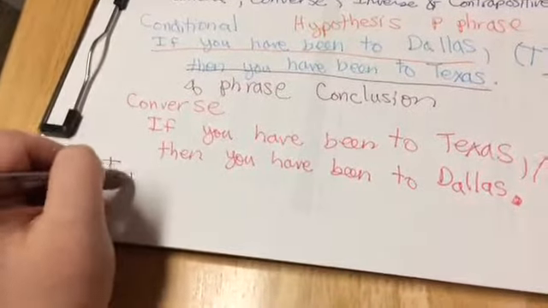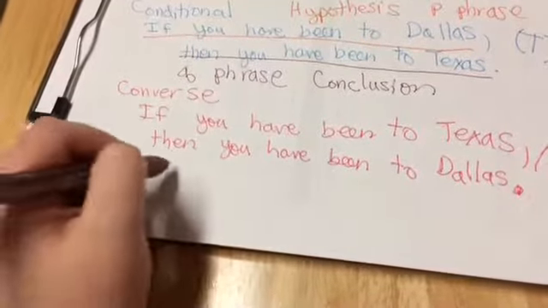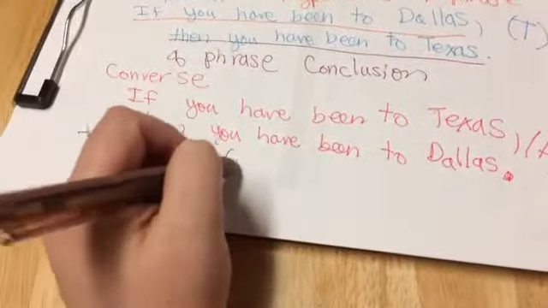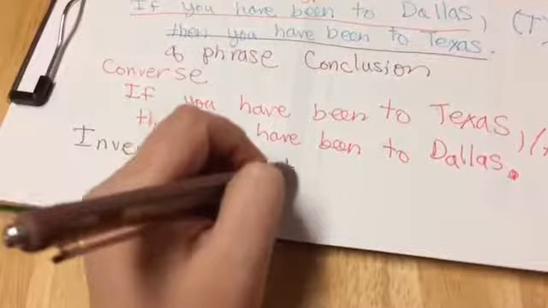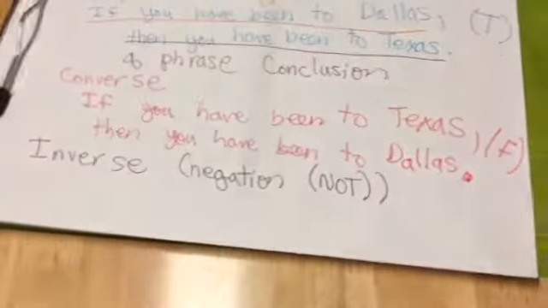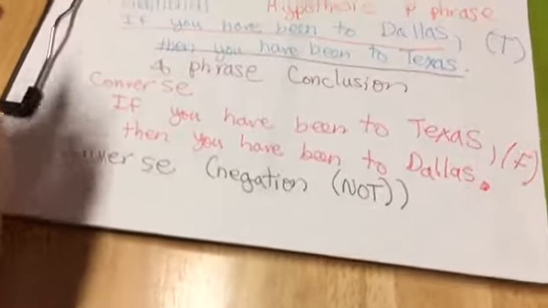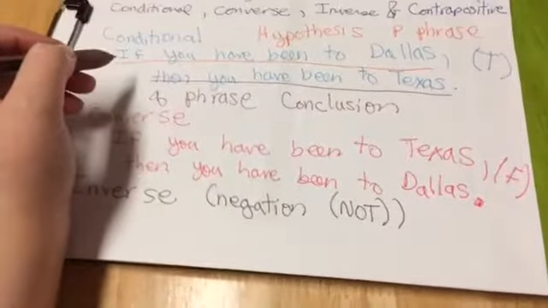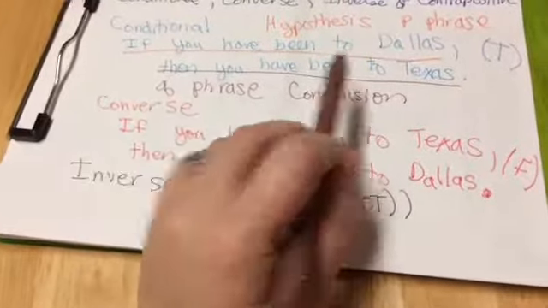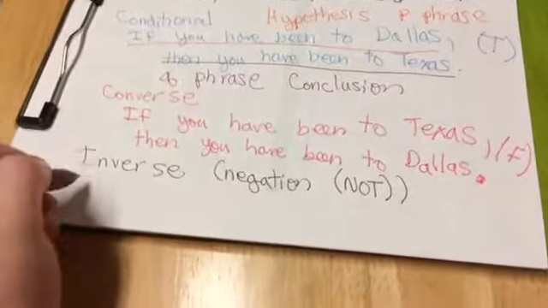So your inverse, remember, add your negation. And so remember, in order to do negation, we have to add the word not to our statement. And inverse is always the negation of our conditional statement. So we're just going to add not into both the hypothesis and into the conclusion.